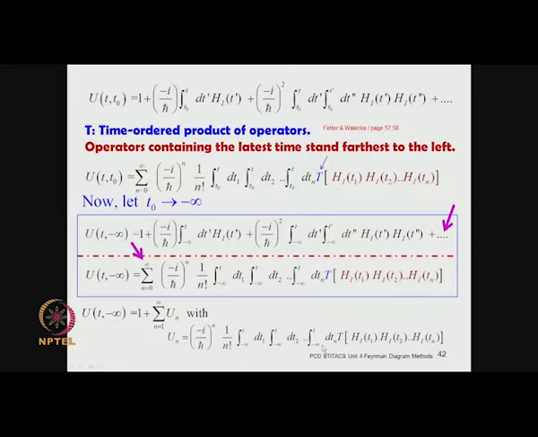You have got these n integrals, each from a lower limit minus infinity to an upper limit t, and whether t1 is greater than t2 or not, and what would be the relative ordering of these two operators is determined by this T operator, Dyson's chronological operator, which guarantees that the operators containing the latest time will stand farthest to the left.